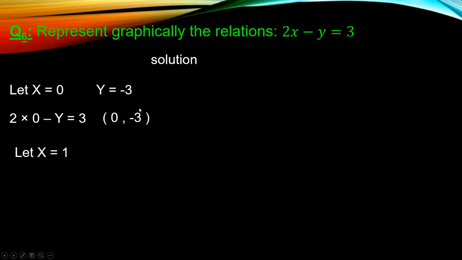For the second ordered pair, let x equal 1 and substitute in the relation. So it will be 2 times 1 minus y equals 3. So it will be 2 minus y equals 3. So here y will be negative 1.